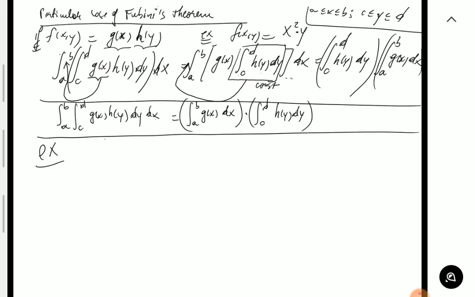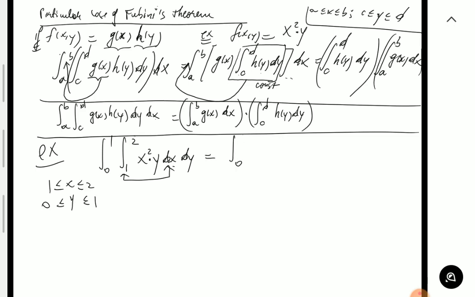So let's say I have to integrate this double integral. By the way, sometimes the domain is not specified, but it must be inferred from the fact that the innermost integral goes within inner bounds. So x is between 1 and 2, y between 0 and 1. Because this is a product of a function in x and a function in y, this splits into a product of two integrals.